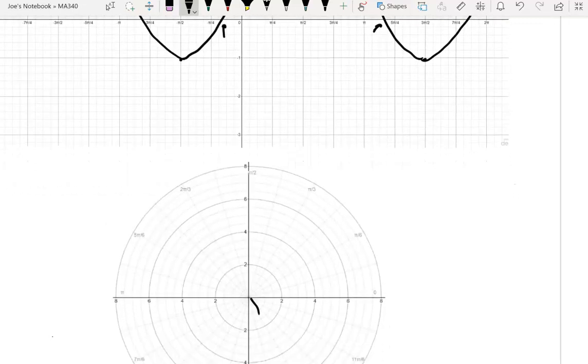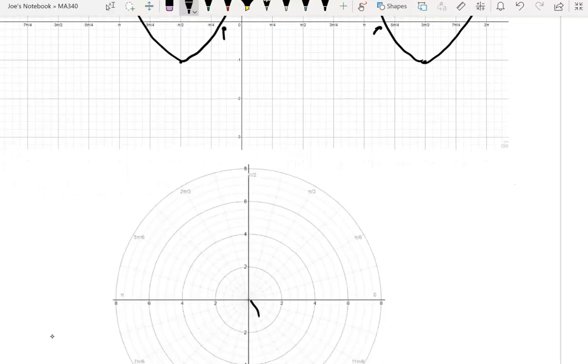This one would be coming into the pole over here somewhere, this way. So that's what's closing off the loop. I'm coming into the pole at different angles. Does that make sense?